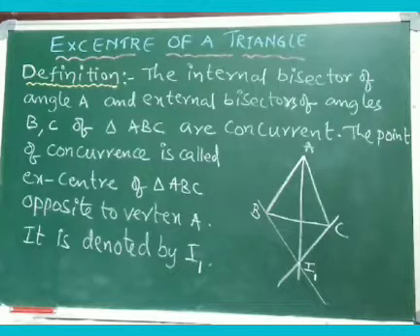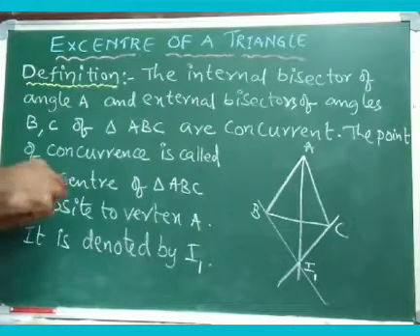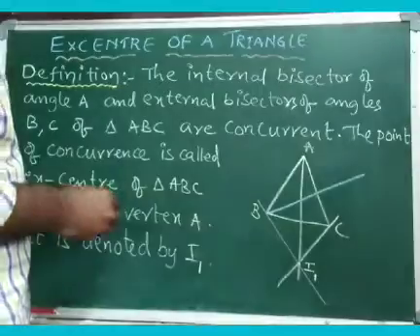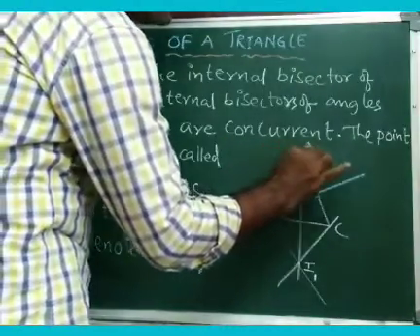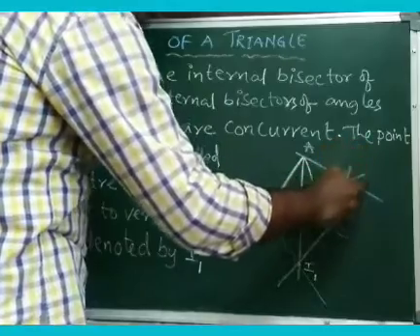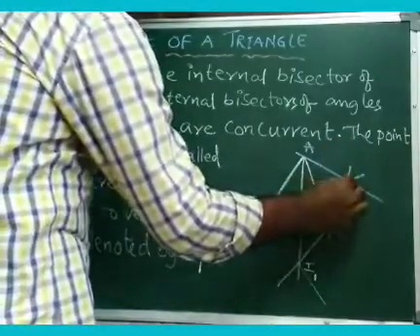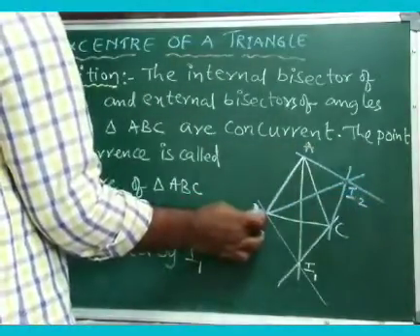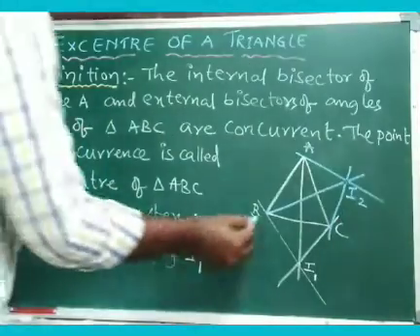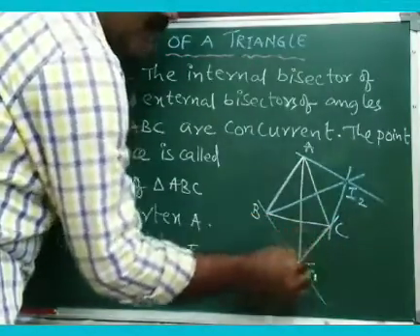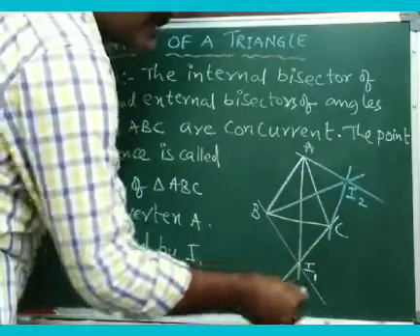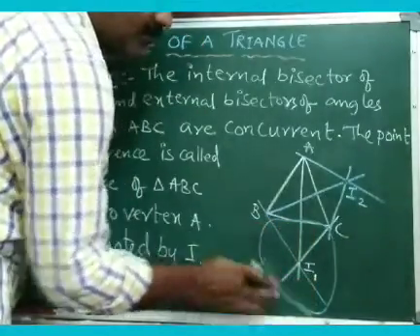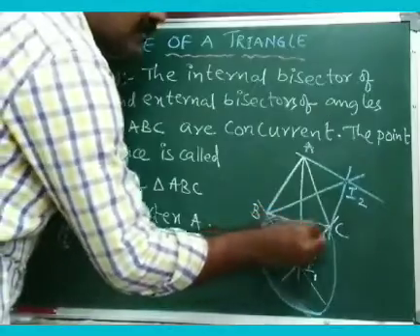Similarly, let us see the excenter which is opposite to angle B. First, we need to draw the internal angular bisector from B, and then the external angular bisector from A as well as from C. So now there exists another excenter which is I2, opposite to angle B. Taking BI1 or CI1 as a radius, if you draw a circle, there exists a circle like this which touches the side BC.